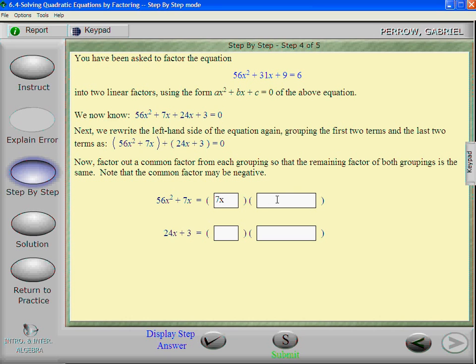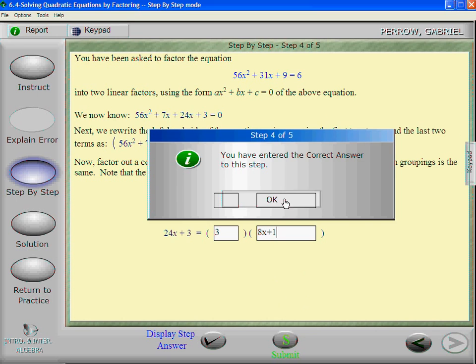And inside, when I divide that away, I'd have 8x. And if I divide 7x from itself, remember that that's still a plus 1. You don't want to lose that value. Second pair, 24x and 3, I can factor out a 3. That's going to divide away and give me 8x plus 1 again.